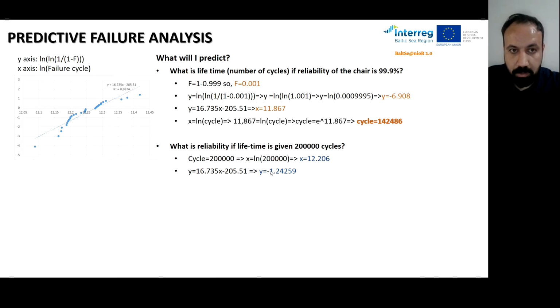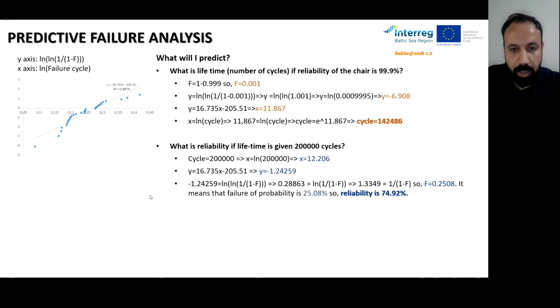I know y, and then I can find F. F is the failure rate, and this one is a little bit longer because I took twice the natural log of the value. So if I just follow that equation, F is equal to 0.2508.